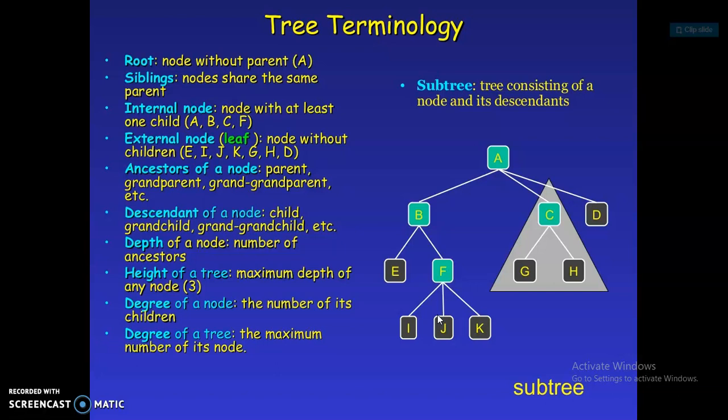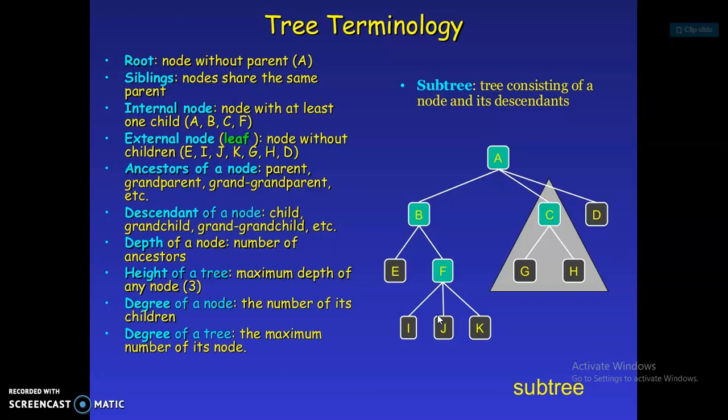B's degree is E, F, that is 2. F's degree is I, J, K, so that is 3. C's degree is G, H, that is 2. D's degree is 0 because it doesn't have any child nodes. So the degree of a node is nothing but the number of children of that particular node.